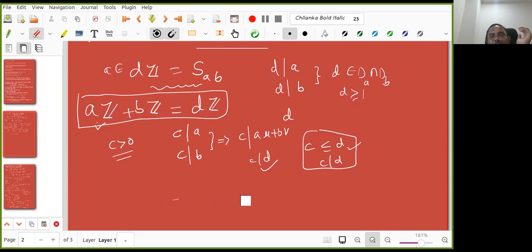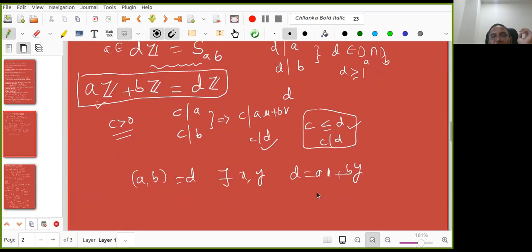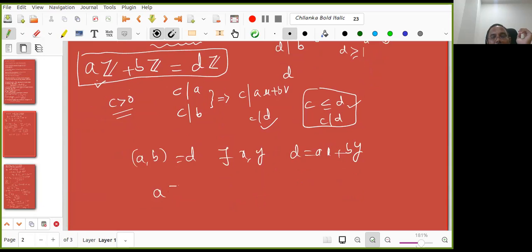So Bezout's identity says only one thing: if the GCD of A, B is equal to D, there exist X and Y such that D is equal to AX plus BY. But we proved more. What did we prove more? We proved that AZ plus BZ is equal to DZ. Is it not more than what we are asking?